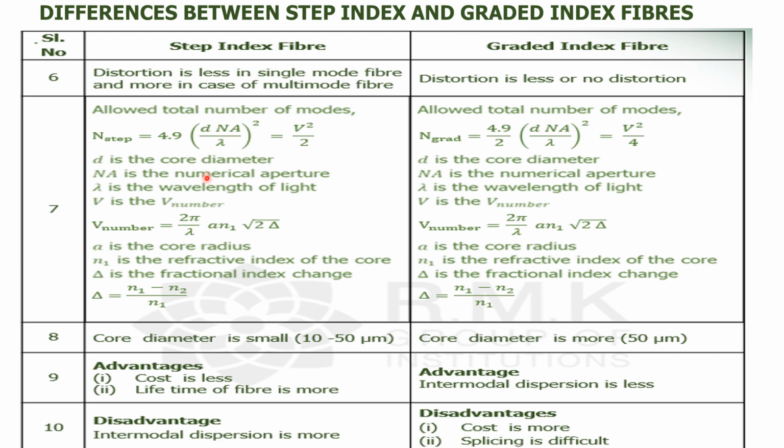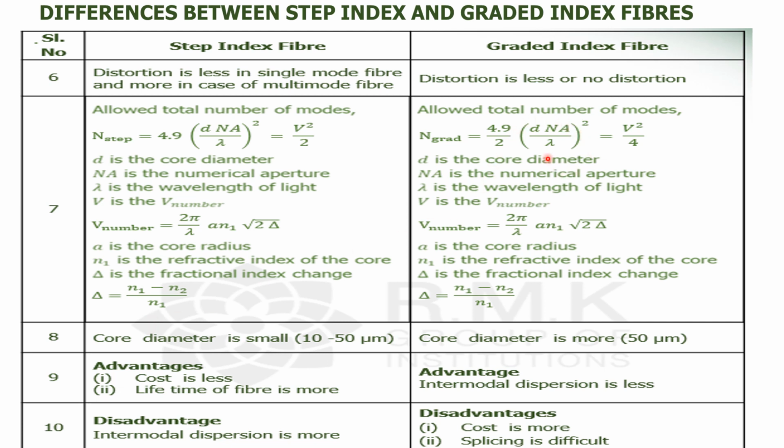D is the core diameter, NA is numerical aperture, lambda is the wavelength of light and V is called the V number. This V number is equal to 2 pi by lambda into A into N1 into square root of 2 delta, where A is the core radius, N1 is the refractive index of the core, and delta is the fractional index change, which is equal to N1 minus N2 divided by N1.